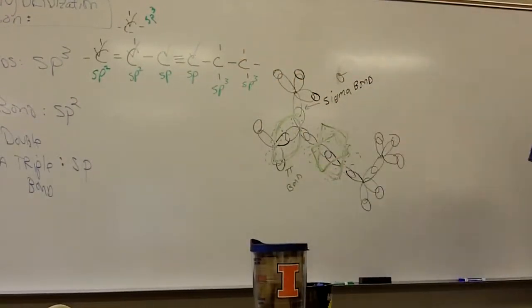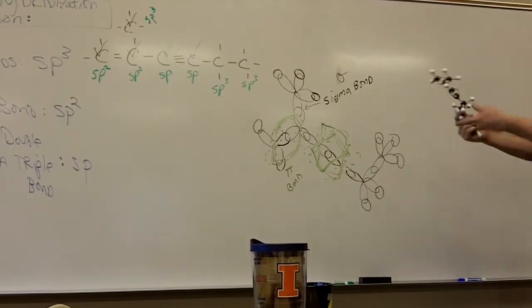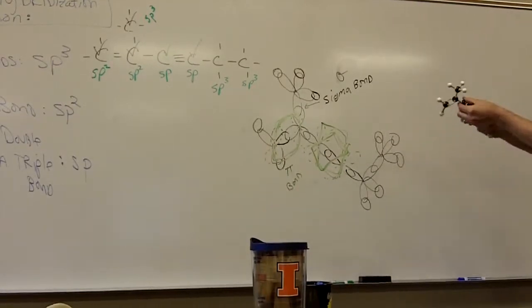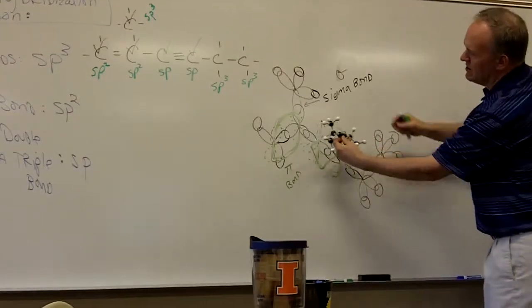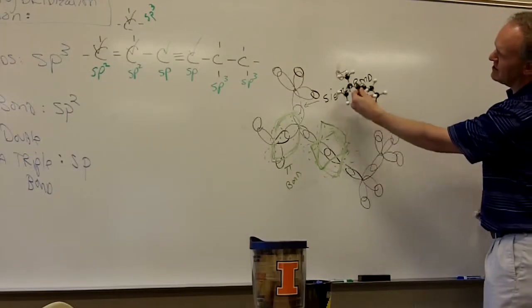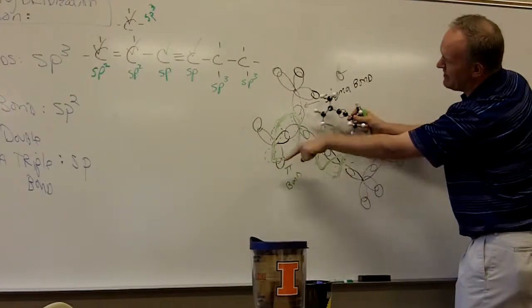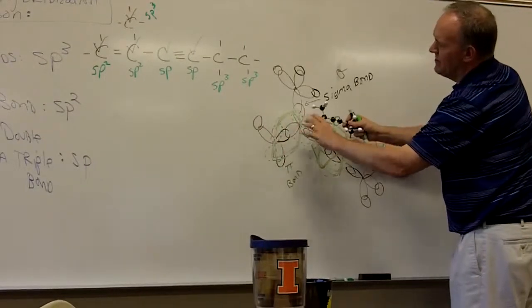It looks like this. This is what that molecule looks like. If I hold it up here. Now, I don't know how well you can see this on the video, but here's my double bond down here pointing out that way with my hydrogens going up and down over here.